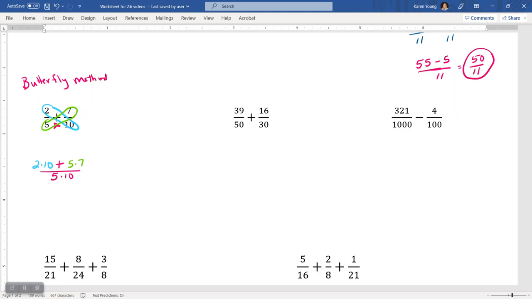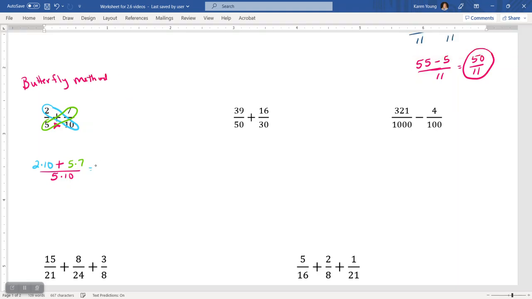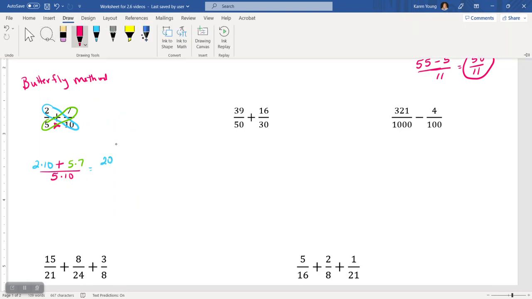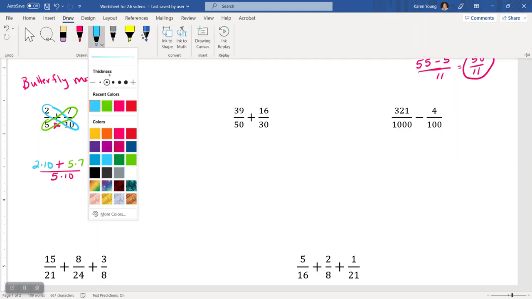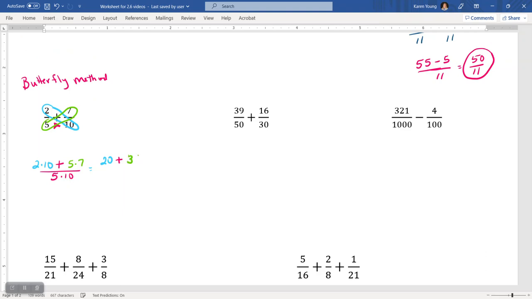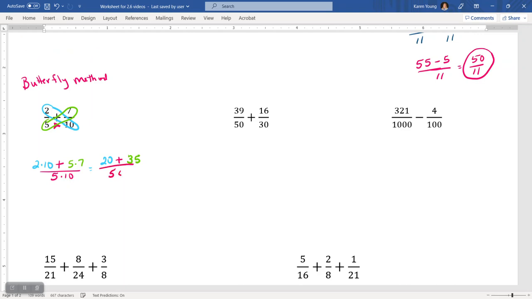So to solve this out, 2 times 10 is 20, plus my 5 times 7 gives me 35. And then my denominator is 5 times 10, which is 50.